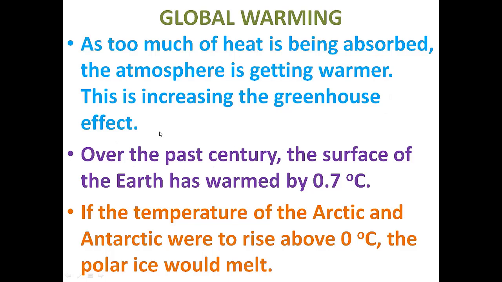Over the past 100 years, temperature has increased by 0.7 degrees. If the temperature at the polar regions rises above 0 degrees centigrade, the polar ice would melt, causing floods and an increase in sea level.